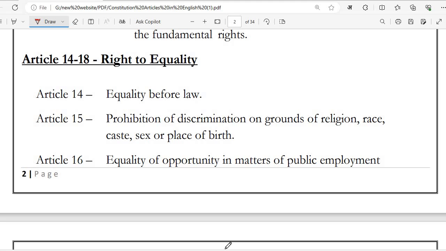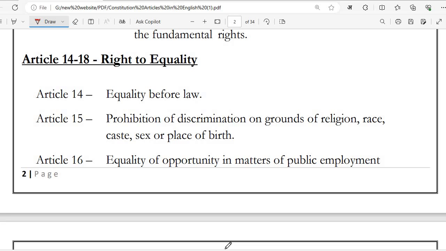Equality before law means all the citizens of India, or even a foreign person, should be treated equally by the Indian court, and the Indian court will not discriminate among persons or citizens on different grounds, caste, race, religion, etc. And the second clause of this article, equal protection of laws, has been taken from America, and it means the same provisions and one kind of law is applicable to the same circumstances of persons, and law may be differentiated according to the circumstances.